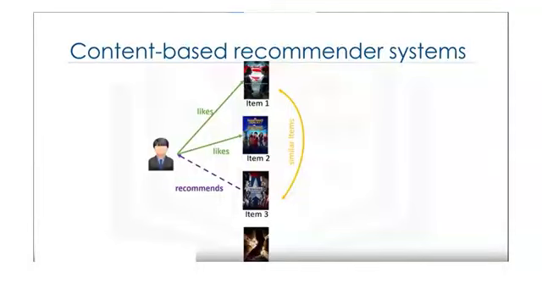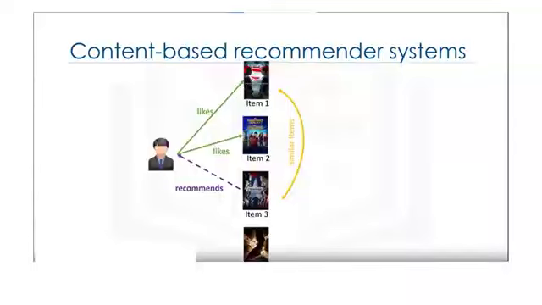Here we take the attributes of the item, which we call content. Whatever is the content of that particular item, we take as features, and based on those features we find the similarity between the items. Depending on the content, we see which items are similar, and based on the similarity we recommend items to the user.